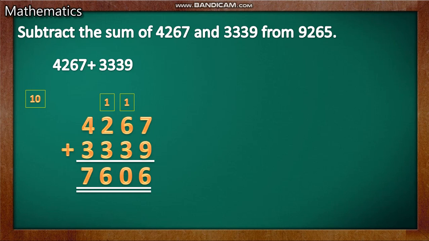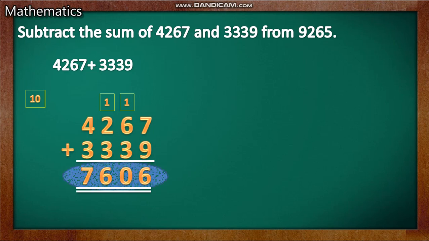We have to subtract the sum, that is this number, 7,606. We have to subtract this number from which number? From 9,265. So let's write the number we are subtracting from first.